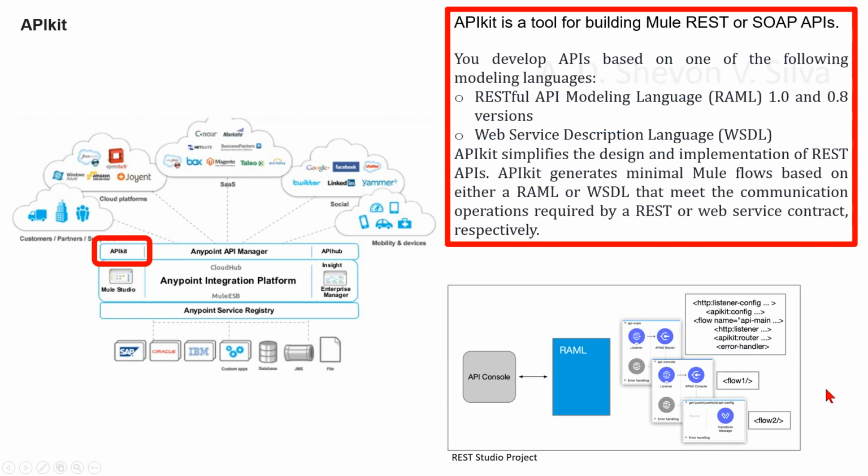Here, as an APIkit anatomy, the REST or SOAP Studio project that uses APIkit has the following parts: REST or SOAP interface, main flow, and backend flow. Here we are considering a REST Studio project.